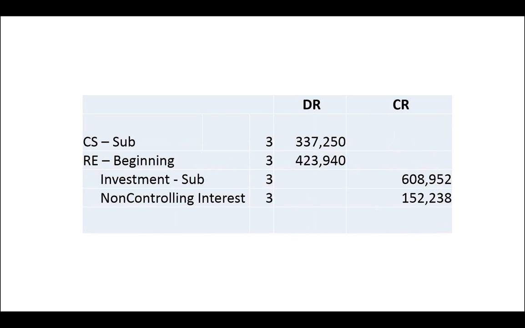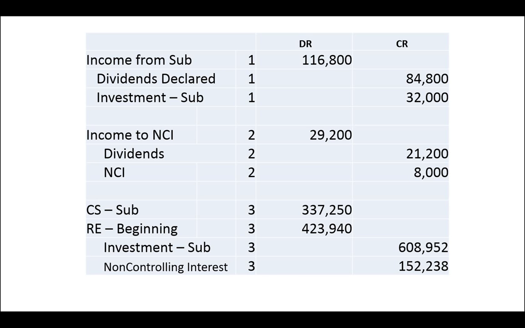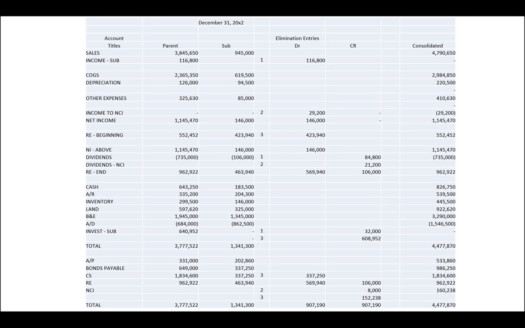We're going to debit common stock, debit retained earnings, credit the investment, and credit NCI. You see the recap here, and then we'll take a quick look at the EJEs posted to the three-part worksheet, taking a look at the particular items that we've discussed before.